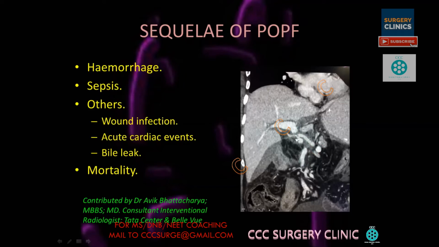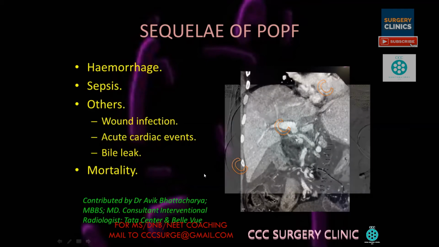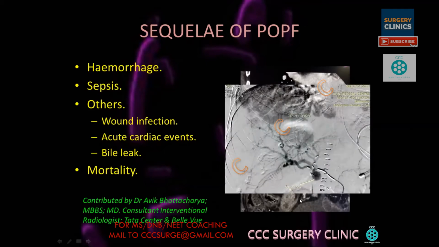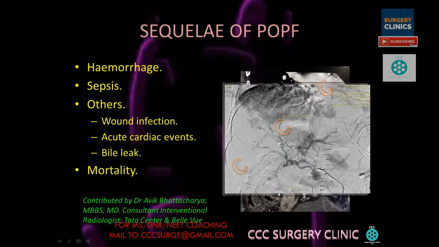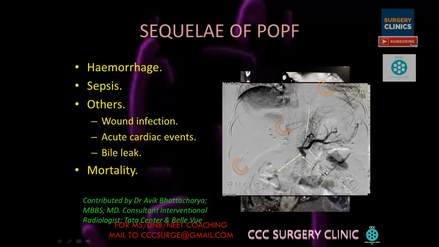This was actually a pseudoaneurysm. And he underwent an angiography. And on the angiography, you now see that that is the pseudoaneurysm. Can you see that pseudoaneurysm? And that's the tip of the catheter. This was embolized, and now you can see that that is actually the left gastroduodenal.